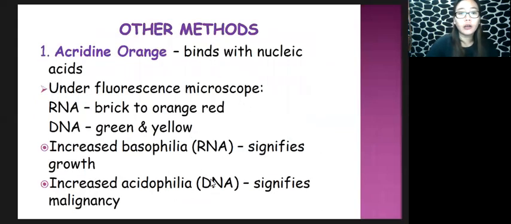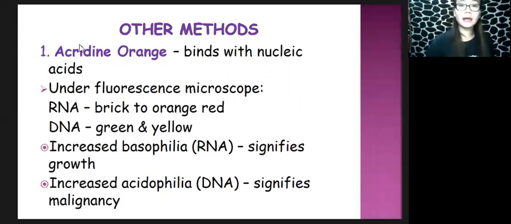In addition to your Papanicolaou staining, there are other methods that we can use to create optical differentiation and to classify your normal cells from your abnormal cells. One is your acridine orange. Take note that this involves the use of a special type of microscope, which is your fluorescence microscope.